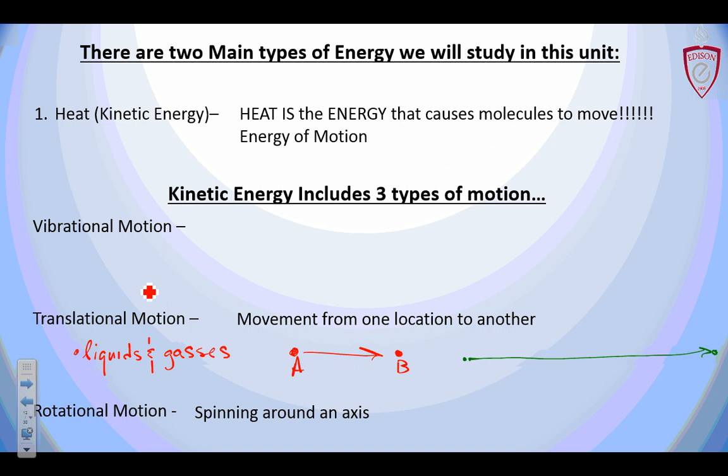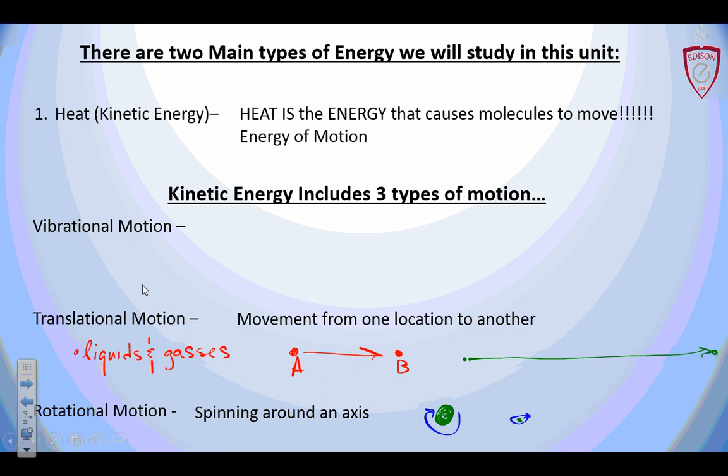Rotational motion is basically when the molecule is no longer moving from point A to point B. It's staying at point A, but it's spinning. It's rotating around an axis, kind of like the Earth, except imagine the Earth stopped revolving around the sun.